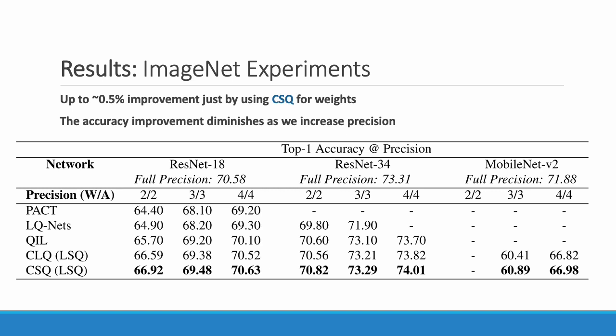So I hope we have convinced you that CSQ performs better than CLQ at 2-bit and 3-bit precision, and as we increase the precision, the difference between CSQ and CLQ becomes smaller. You can see more analysis and results in our paper.